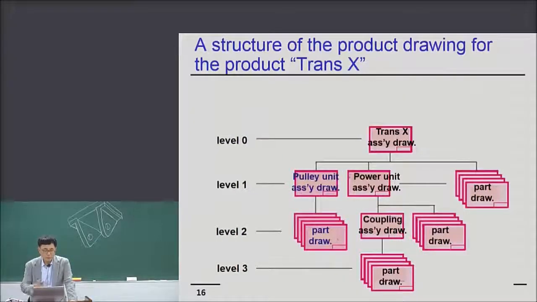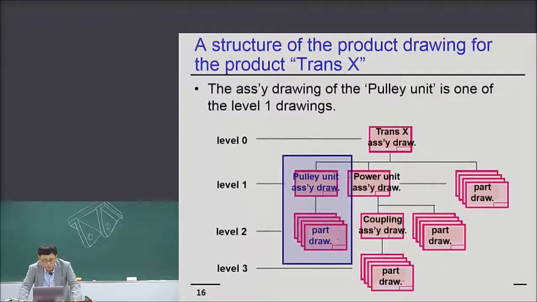So, as an example of the structure of the part drawings, let's assume that the structure of the part drawings of transmission X is like this.